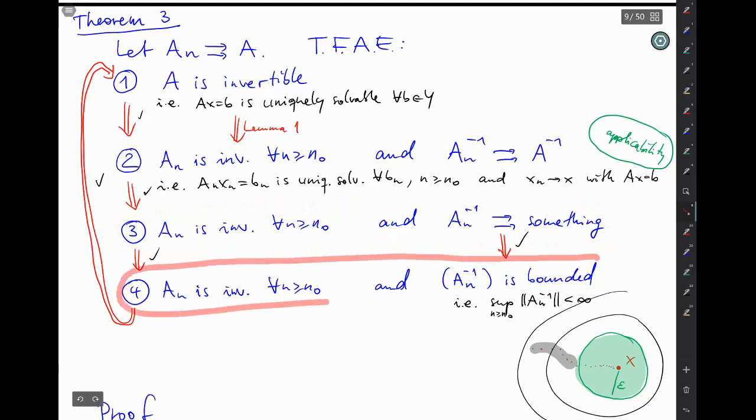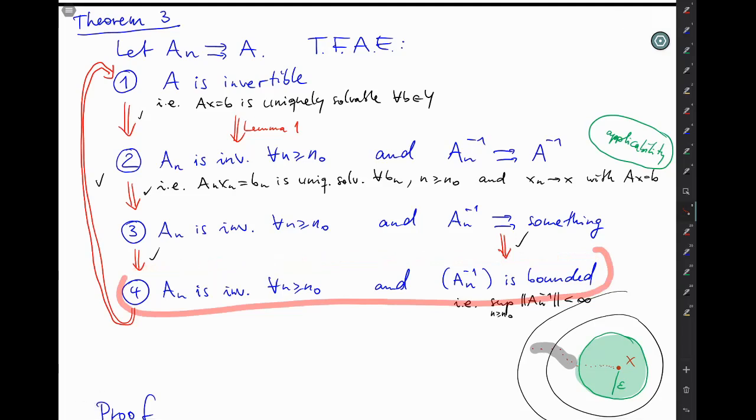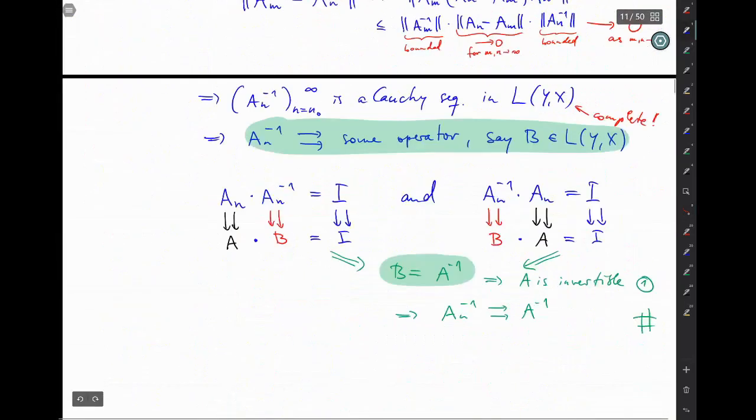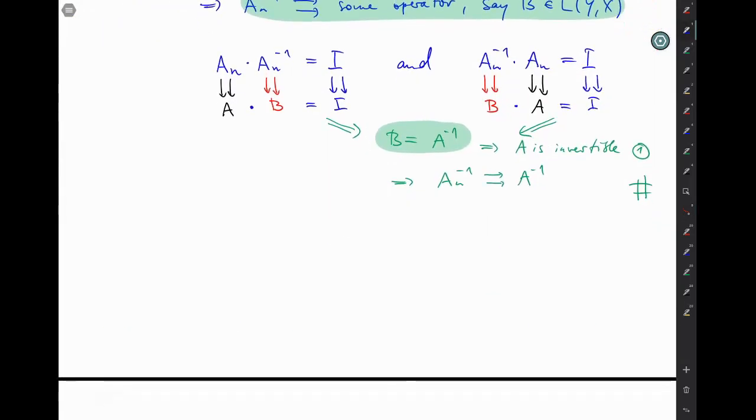So it's applicability so much in disguise that it already deserves its own name. And the name for property 4 is going to be stability. So here it is, the missing word from the title of our course. So let's quickly write this down as a definition before we forget.